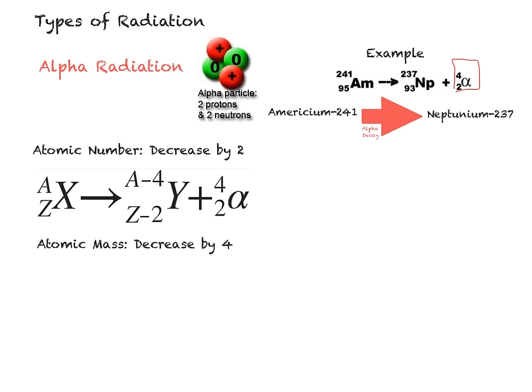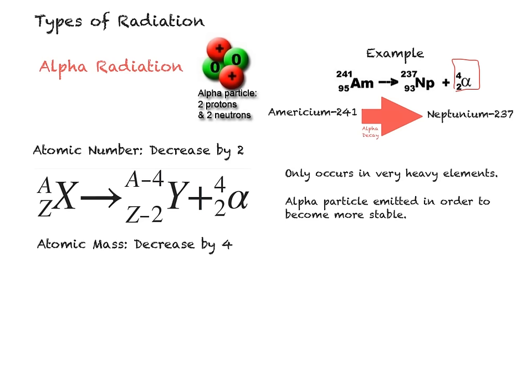Alpha decay only occurs in very heavy elements, for example uranium and radium. These very heavy elements have far too many protons to be stable. Therefore, they become stable by emitting an alpha particle, reducing the number of protons by 2.